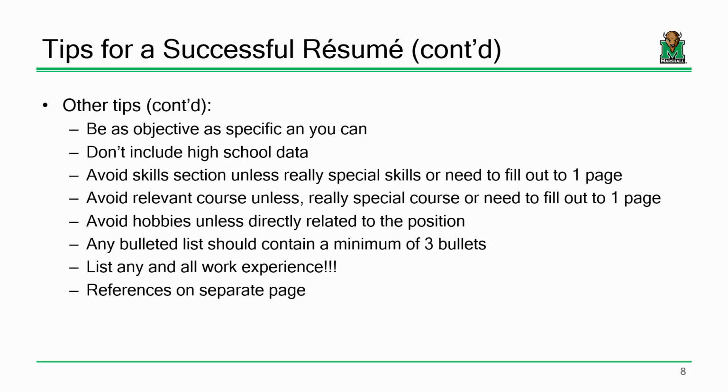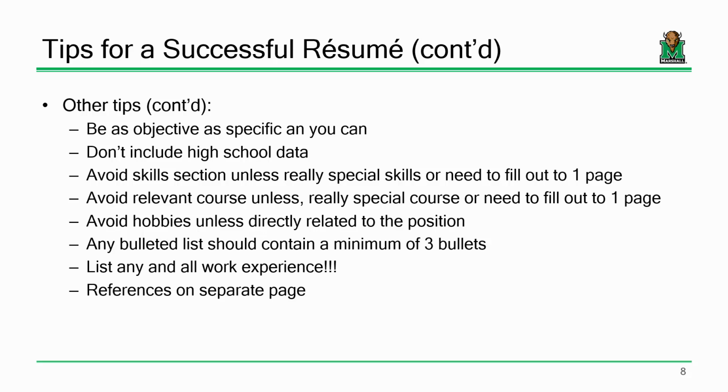That's not to say that there might not be some unique opportunities that you should mention, or maybe some volunteer efforts and service opportunities that you did in high school that might be worthy of mentioning. But by and large, if you've got the material to avoid mentioning high school data, you should avoid it.